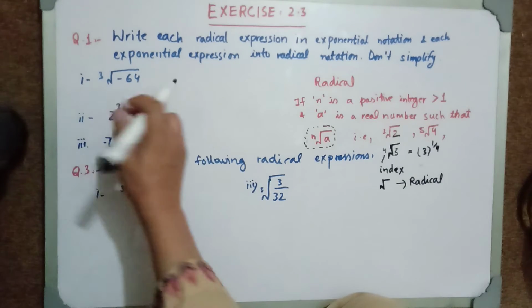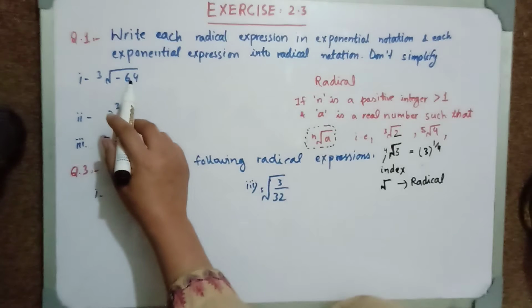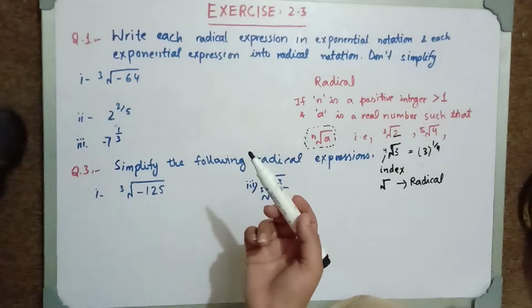First, we have a radical expression and we're going to convert it to an exponential expression, because in the question they have asked you to convert radical into exponential, and each exponential expression into radical. If they have given you a radical, we will convert it to exponential, and if they have given you exponential form, then you will convert it to the radical form.